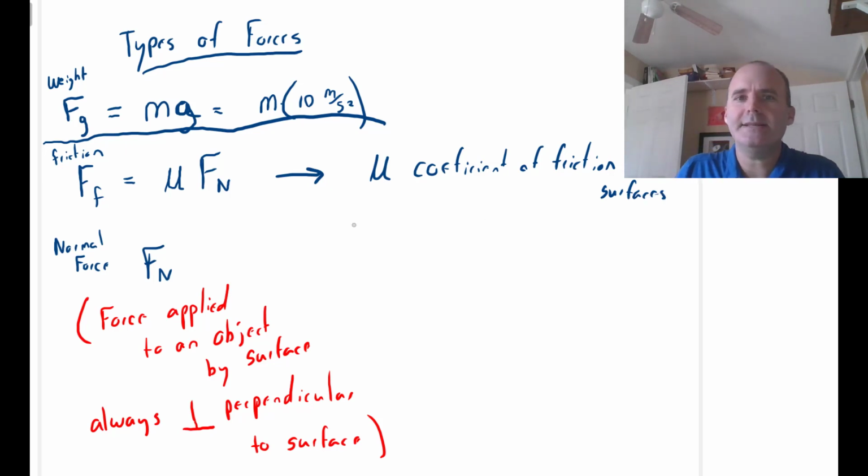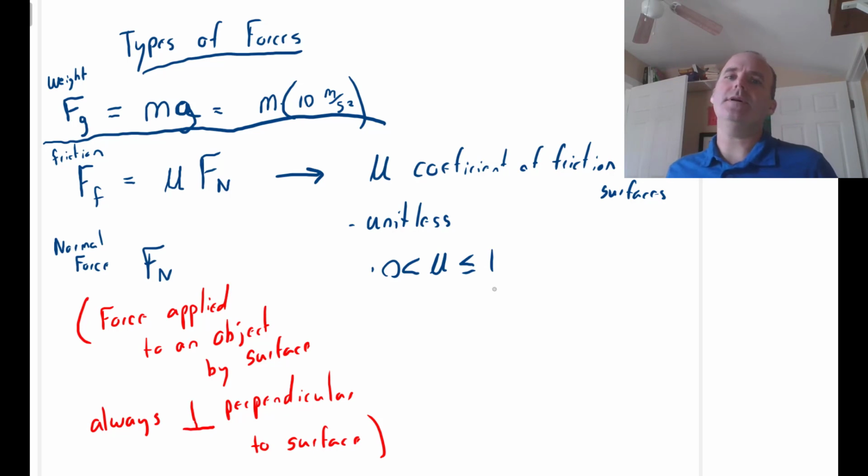So one thing is it is unitless, and mu is in between 0 and, I guess it can equal, 1. So this coefficient is in between 0 and 1, and it's saying how rough or how much friction is actually in a surface.